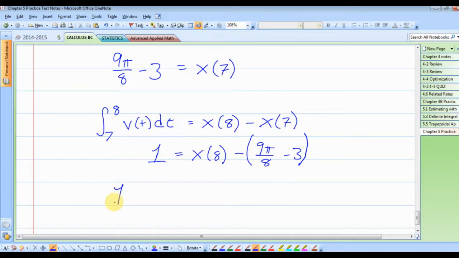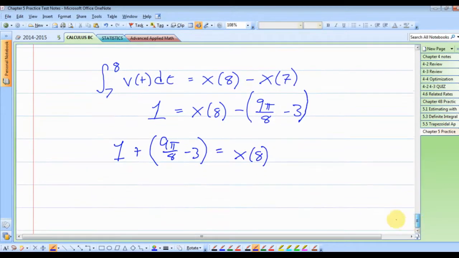So this is going to be 1 plus 9 pi over 8 minus 3 equals x at 8. So we get 9 pi over 8 minus 2. Do you want the answer like that or in decimal? Either way is fine. I prefer this.